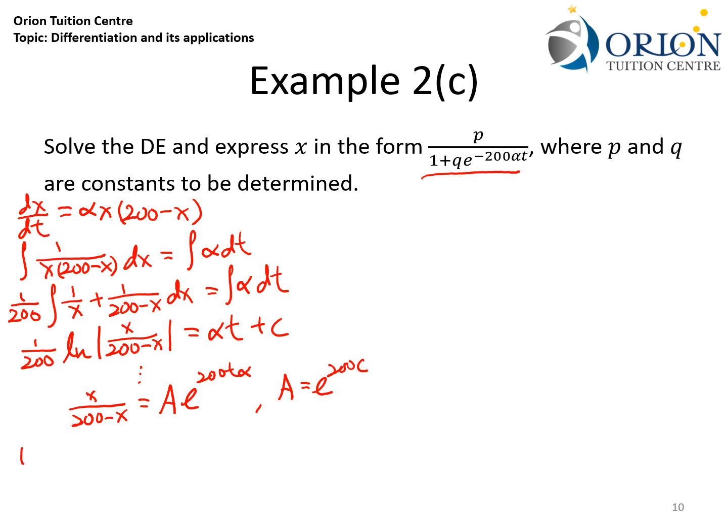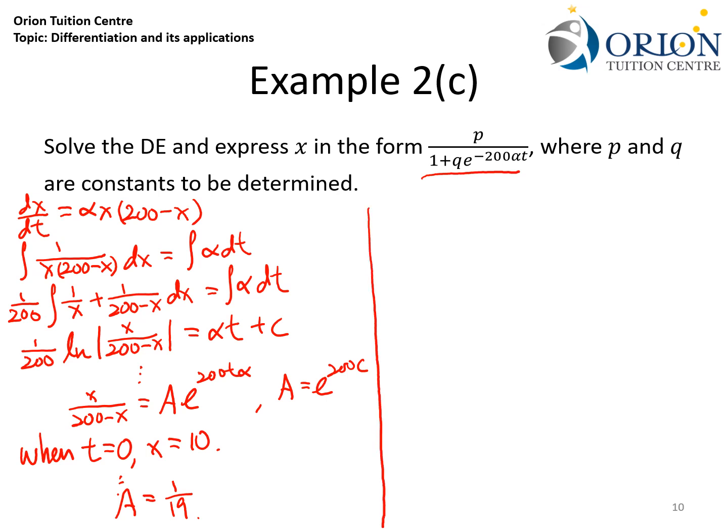And I know that when t is equal to 0, x is equal to 10. So I can calculate my A value by substituting both these values in. Eventually, I will get A equals 1 over 19.